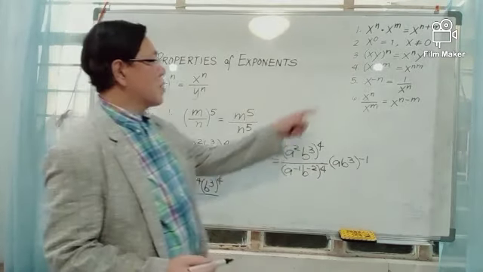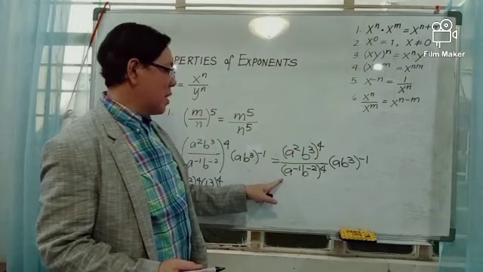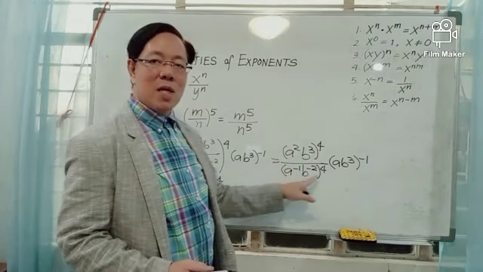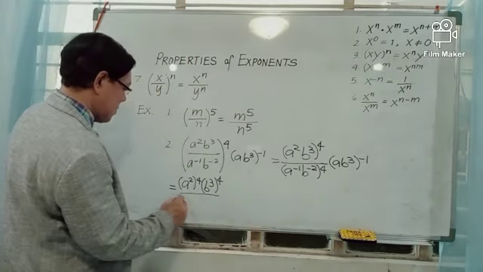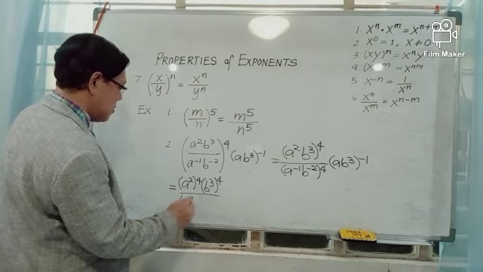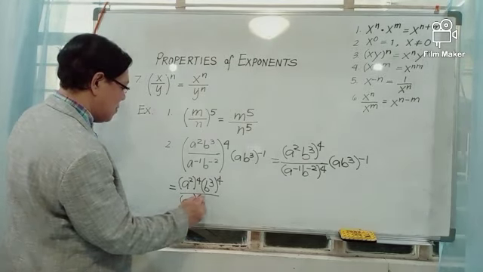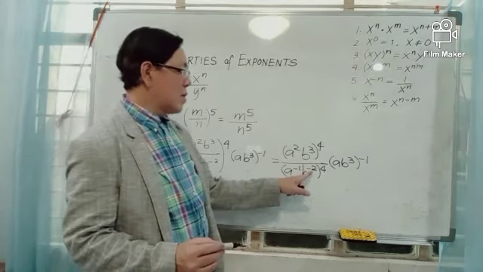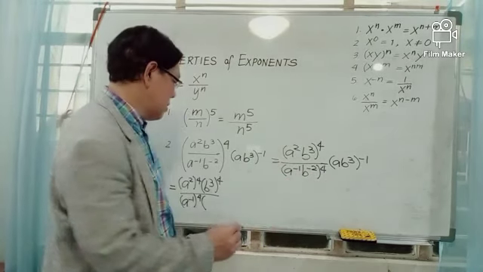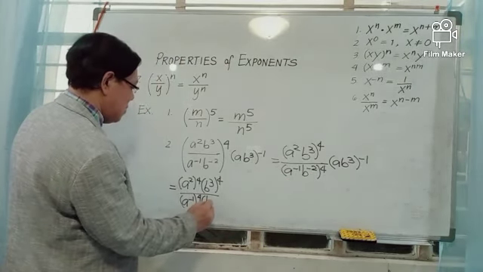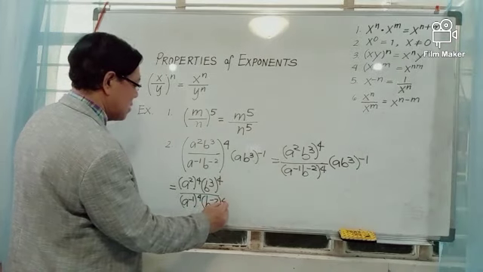Apply the same third property to the denominator: a to the negative 1 raised to 4 multiplied by b to the negative 2 raised to 4.